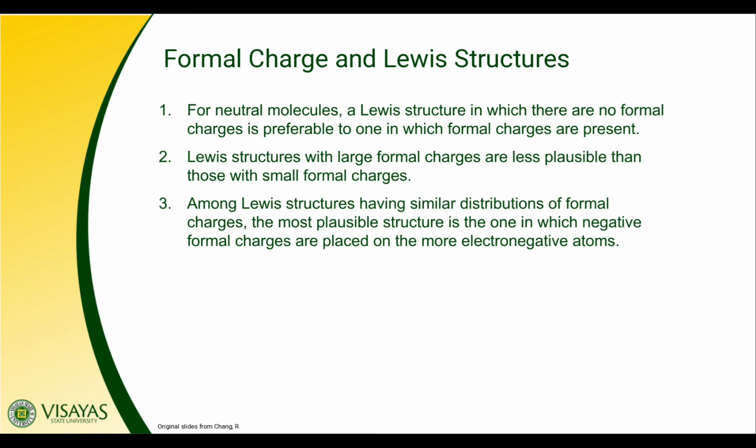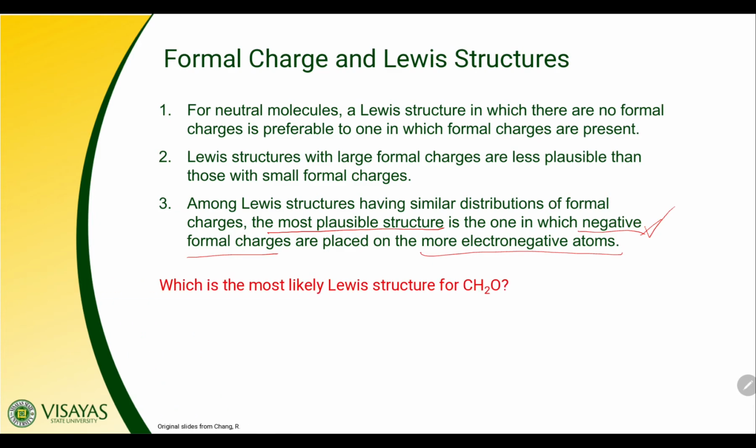And among Lewis structures having similar distributions of formal charges, the most plausible structure is the one in which the negative formal charges are placed on the more electronegative atoms, because the more electronegative atoms tend to attract the electrons more towards themselves. So it's plausible to have the negative formal charge on the more electronegative atom.